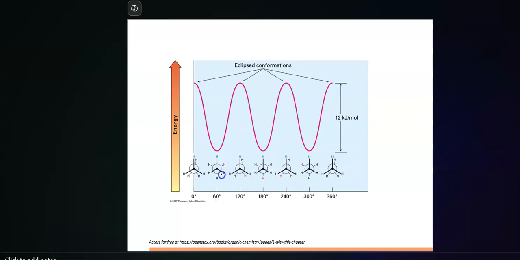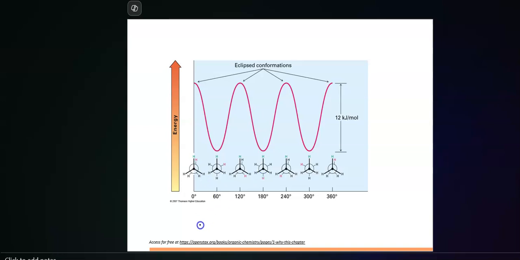This arises due to free rotation around the carbon-carbon single bond of ethane, and it is represented as a graph plotting the energy versus the dihedral angle. As we do a 60-degree rotation every time, the conformer changes from eclipsed to staggered, then from staggered to eclipsed, and so on.